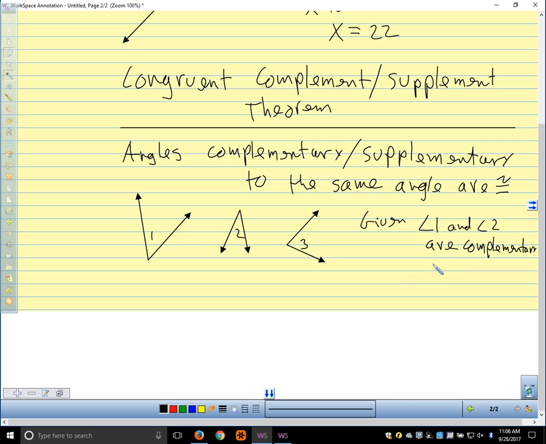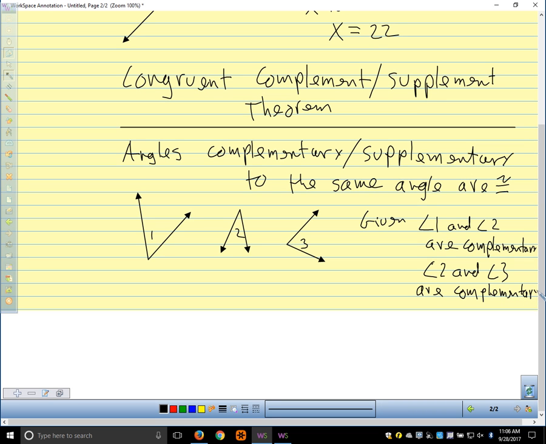And angle 2 and angle 3 are complementary. We want to prove that angle 1 is congruent to angle 3.